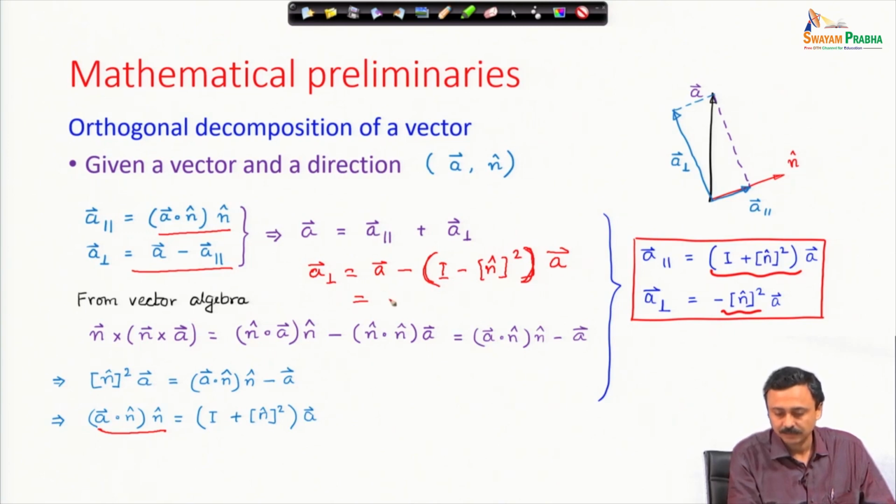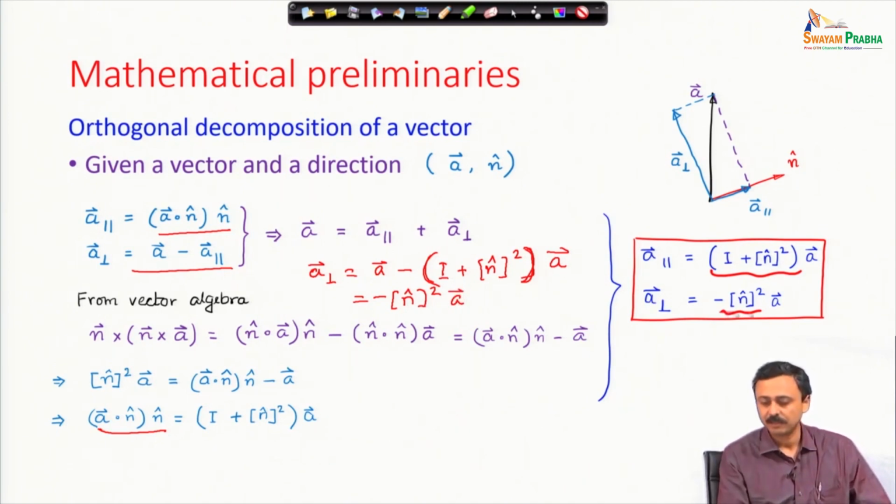So, I have, though this is plus, so I have minus of n cap whole square times A vector, and that is what I have written here.